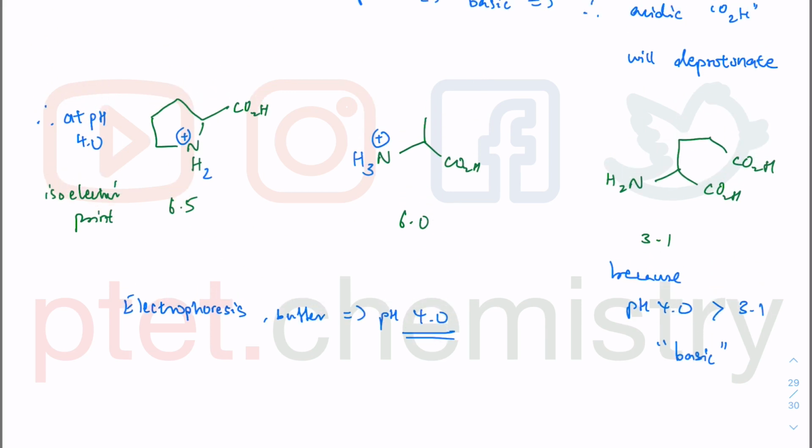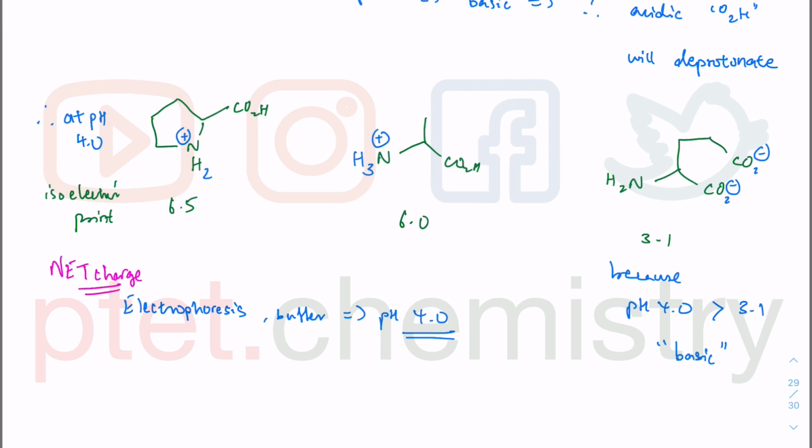And when in a basic environment, your base will remain as basic, but your acid will not remain like that. Instead, they will be deprotonated and they will give you a -2 overall charge. So that is my overall takeaway message, my net charge.